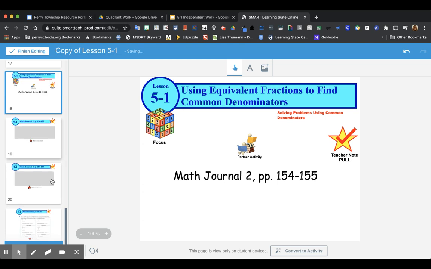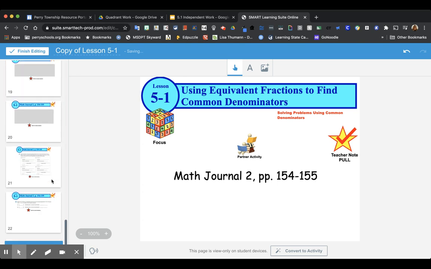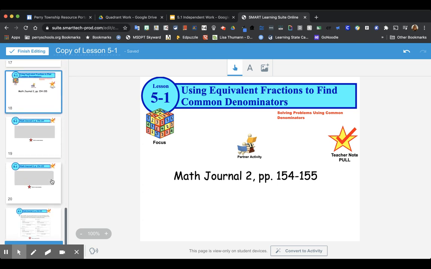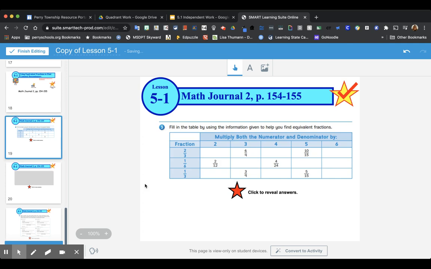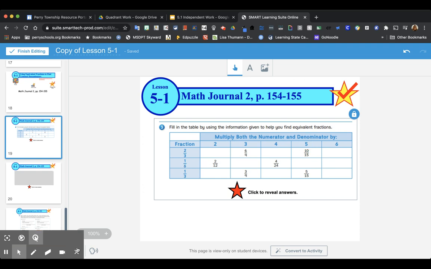And finally, on page 154, 155, you have some work to do. You are to finish filling in on problem number 3. Fill in the table by using the information given. So you see 2/3, and then you're going to multiply it by the numerator and the denominator. So even though it's just one digit listed, remember that for each one of these, you're going to multiply by 2 over 2.